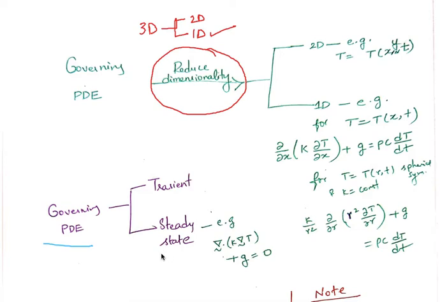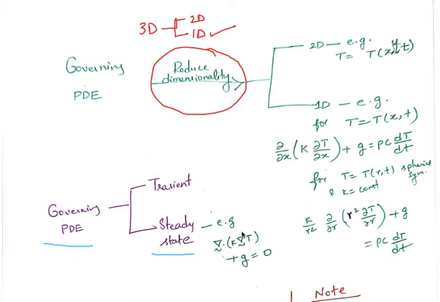Now if you are looking at steady state analysis, then you do not have variation with respect to time, so that also simplifies the equation. So once again in the thermal analysis, the material time derivative of the temperature goes to 0 over here.